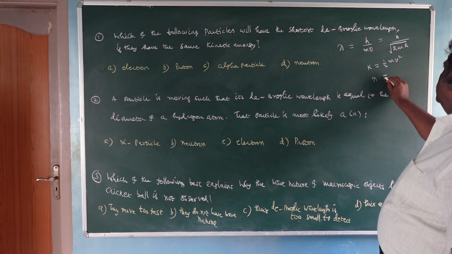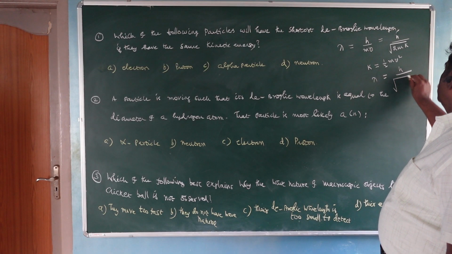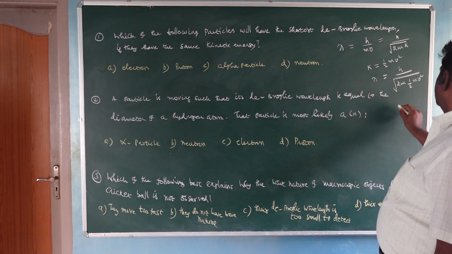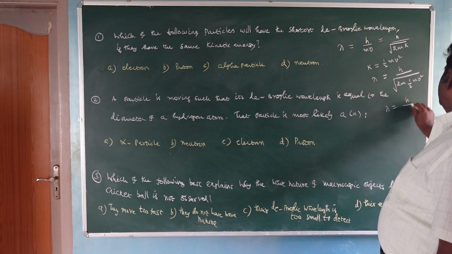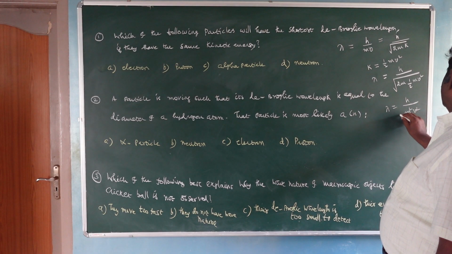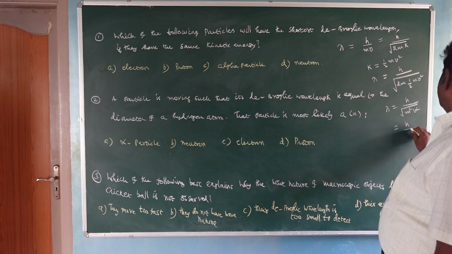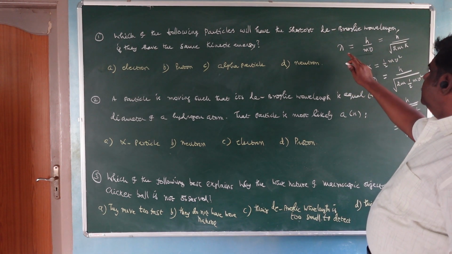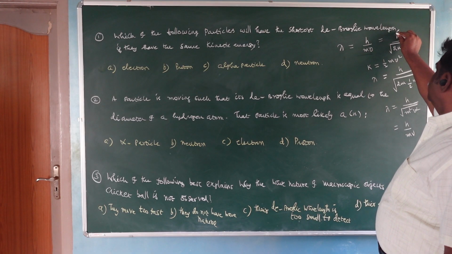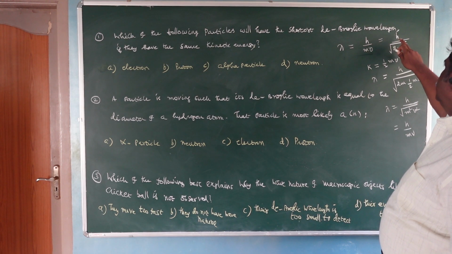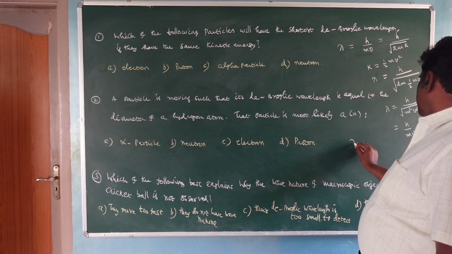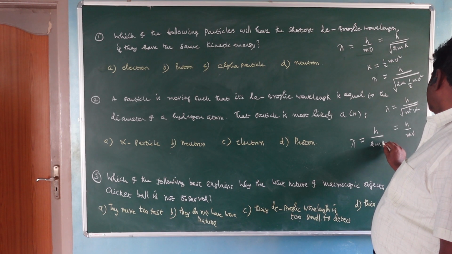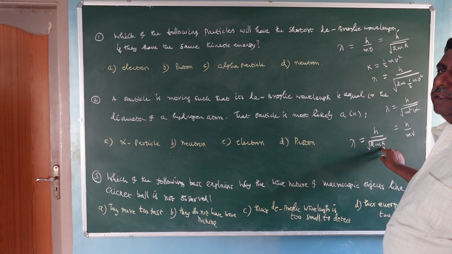If you put lambda equal to h divided by root of 2m into 1 by 2 mv square, then lambda equal to h divided by root of m square v square, that is equal to h divided by mv, the original equation we can have. Therefore, we may express the de Broglie wavelength lambda in terms of kinetic energy K, that is h divided by root of 2mK. Here K is our kinetic energy.